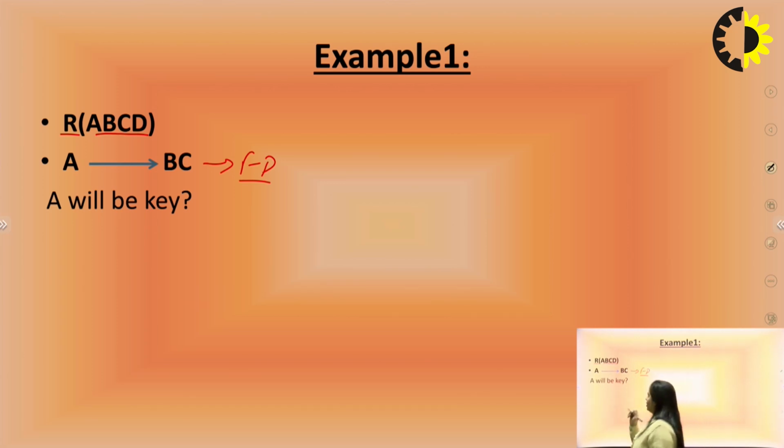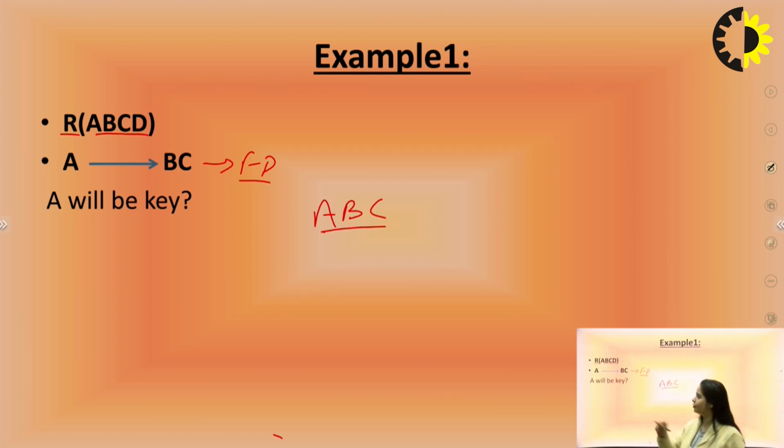So now, will A be the key? Let's check it. I have the value of A, and with the help of A, I can fetch the values of B and C. So from this functional dependency, I can get the values of A, B and C. But in my relation, I have 4 attributes A, B, C and D, and with the help of this functional dependency, I can only fetch A, B, C. D cannot be derived from this functional dependency.